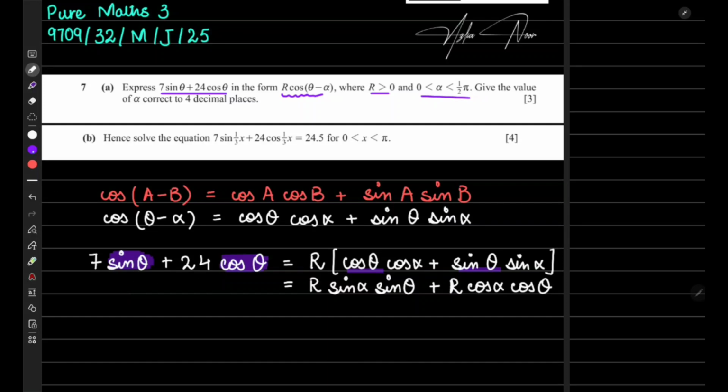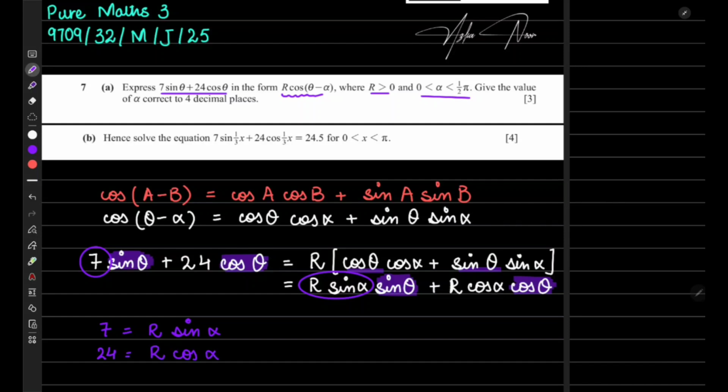Now you can compare the sin theta terms together and the cos theta terms. We are comparing the coefficients. So the sin theta coefficients give 7 equals r sin alpha, and when we compare the coefficients of cos theta, that gives you 24 equals r cos alpha.